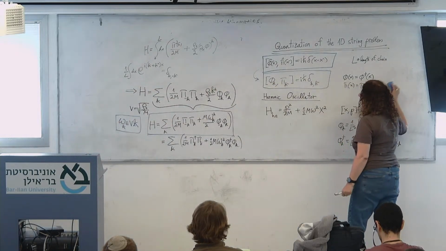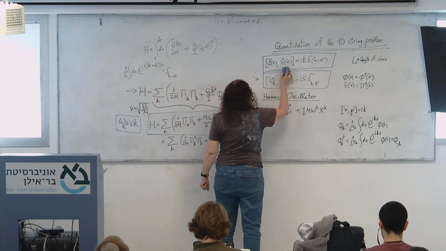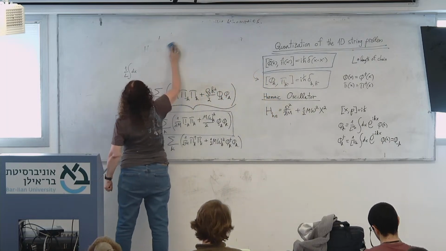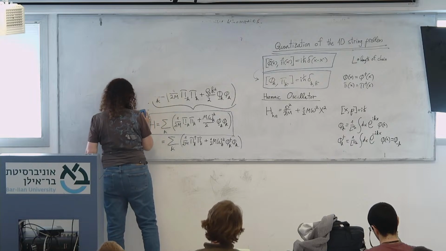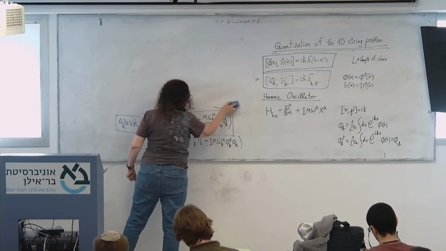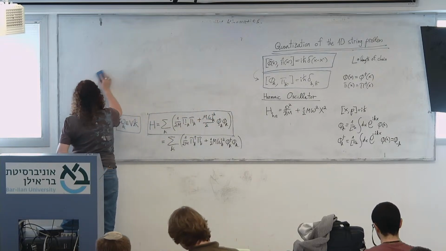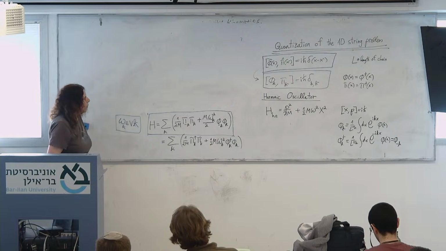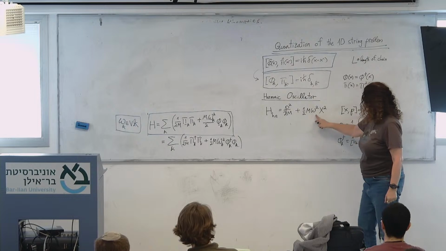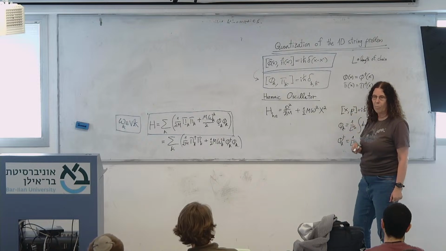I first want to remind of the harmonic oscillator, the single harmonic oscillator. So now if I start from this Hamiltonian, you see that it's expressed in terms of P and X, and they obey canonical commutators.